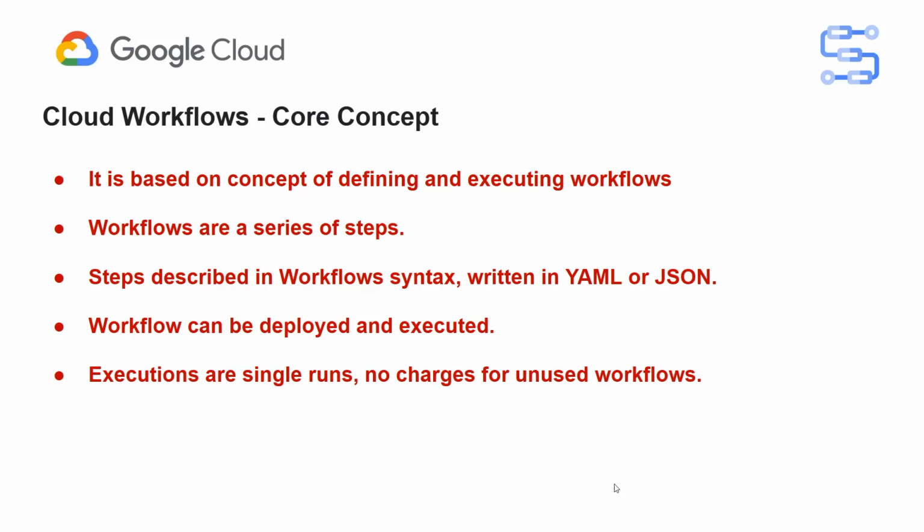The product's rapid scaling allows for a high number of concurrent executions, and all workflow executions are independent. With workflows, you can easily create, deploy, and execute complex business processes without worrying about the underlying infrastructure.